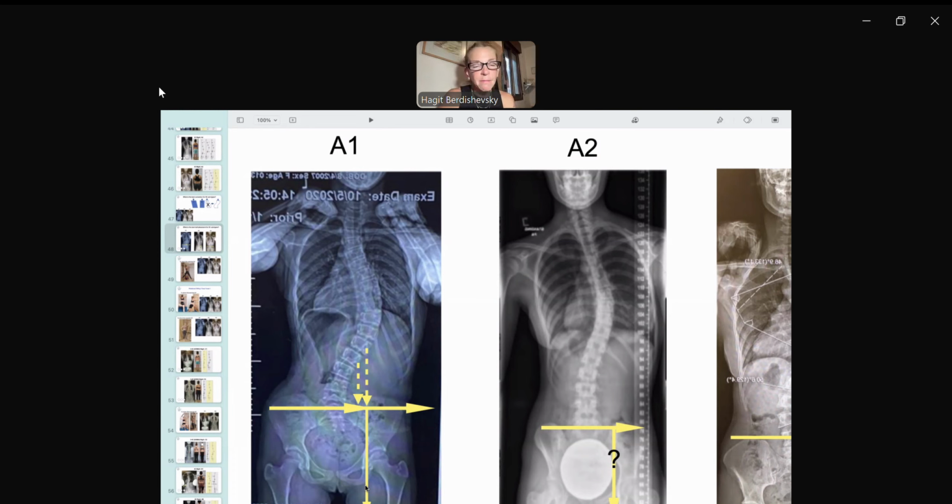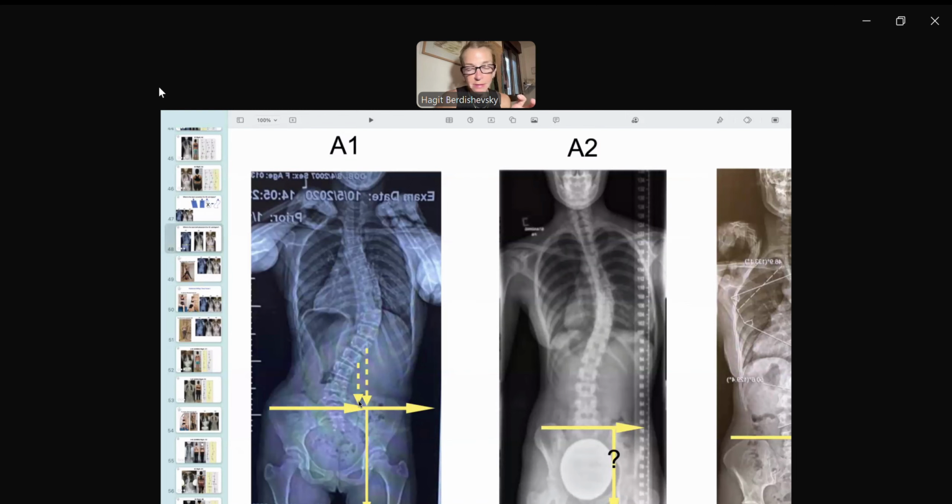And with this curve type, if you pull the pelvis too much to the right, just imagine now, I push the pelvis, overcorrecting to the right. What will happen to the right thoracic that goes all the way down to the pelvis almost? It will increase by the pull of the pelvis to the right. And then you will have a hard time getting the thorax to go to the left.